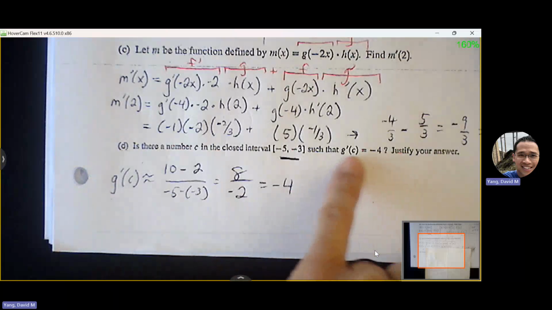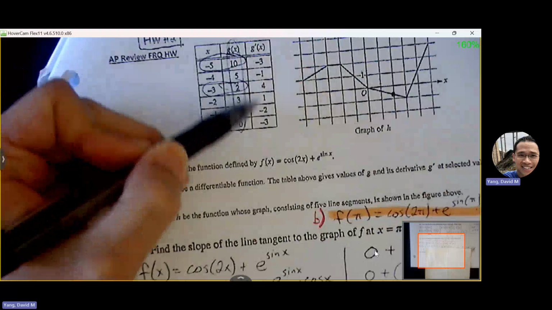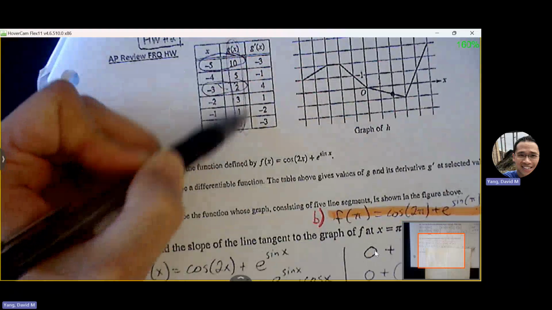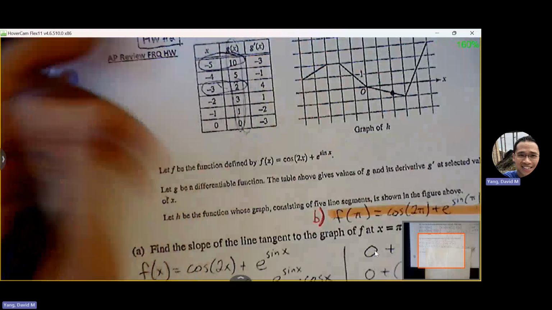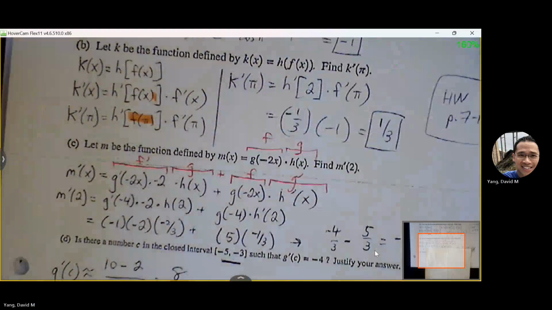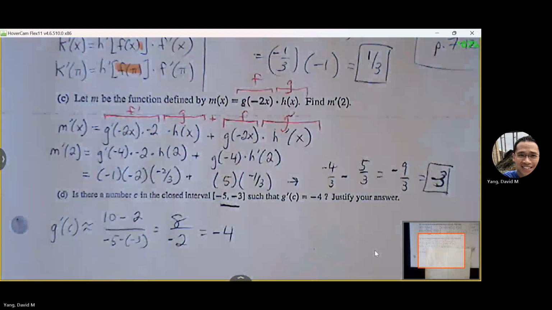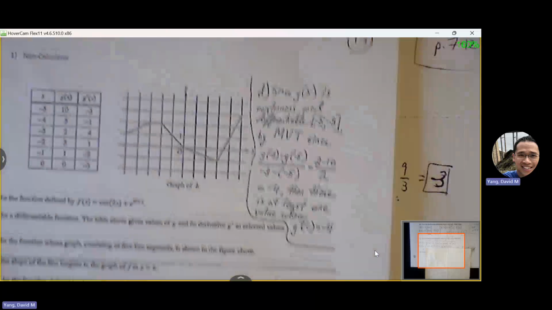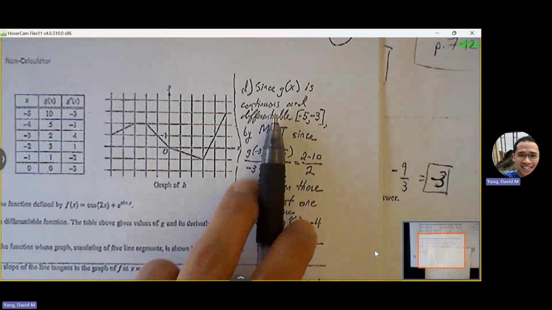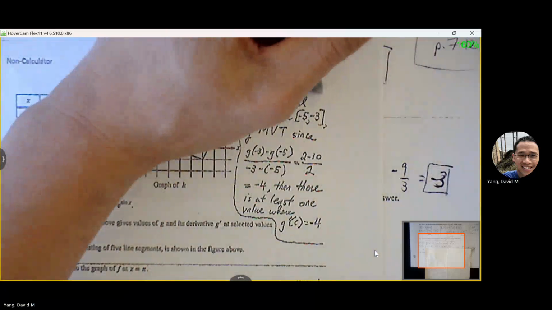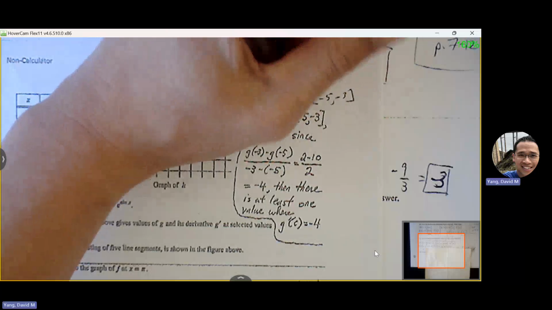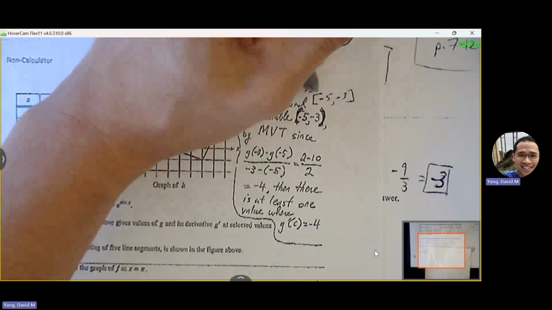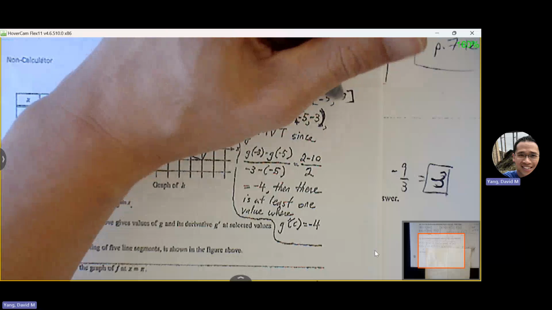There must be a place on G prime that's -4, even though we don't see it, right? But if the slope is guaranteeing that, there must be a G prime that's also -4. So we can say this, since G of X is continuous on [-5, -3] and differentiable, sorry, I wasn't as careful here.